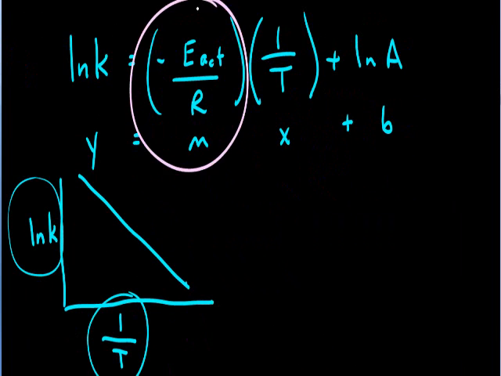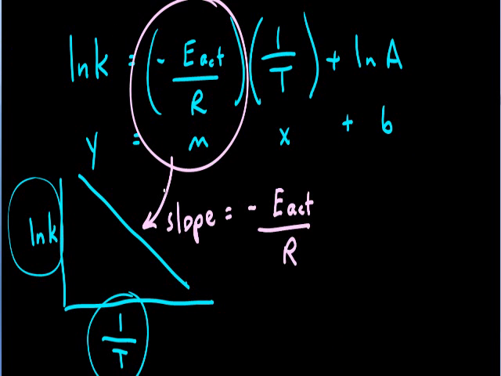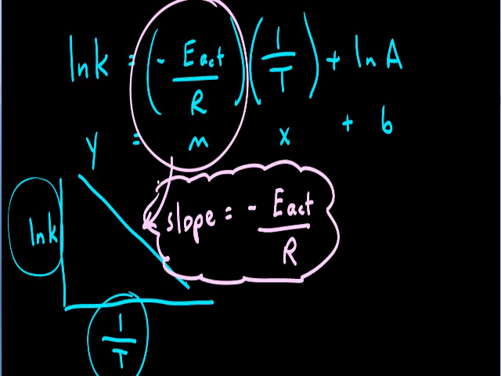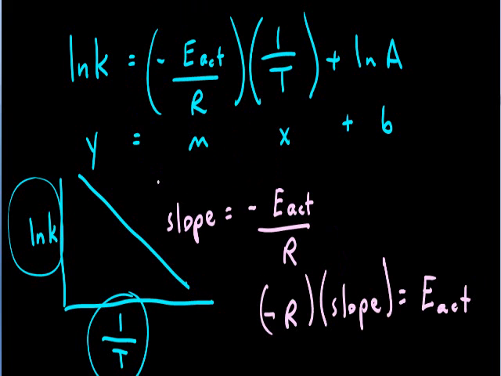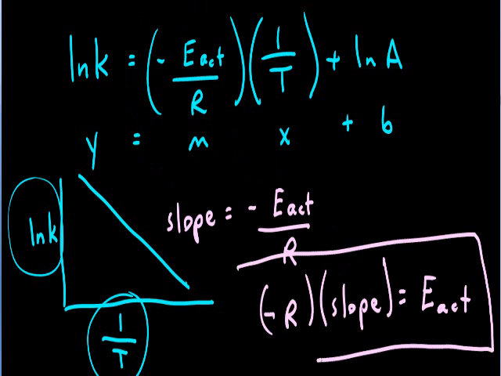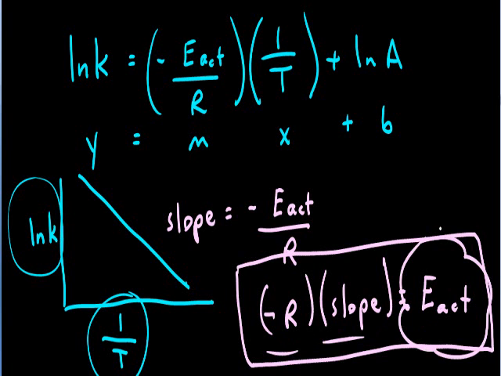Our slope in the plot would then be equal to the negative of the energy of activation divided by R. Rearranging this, we can readily find our energy of activation. Rearranging, we now have that negative R times our slope of the line will provide us with the energy of activation for our reaction.